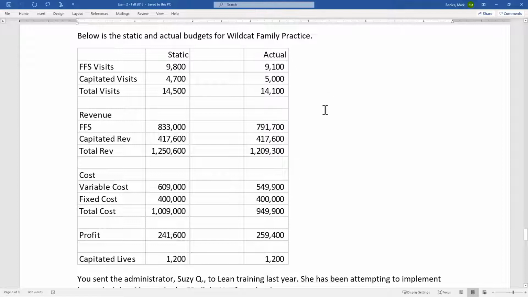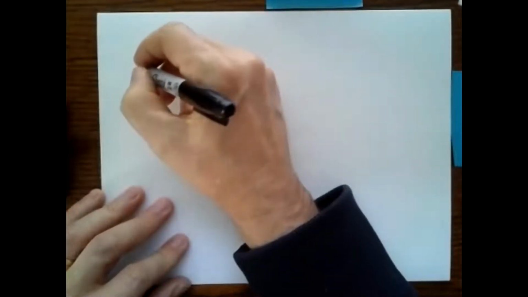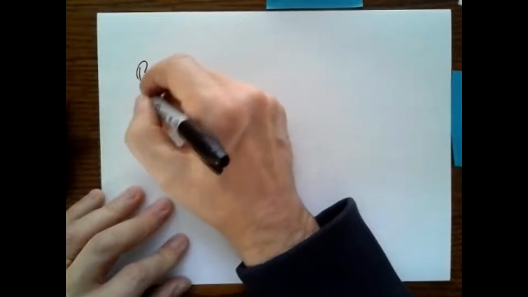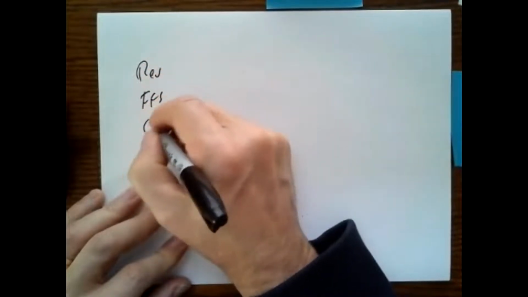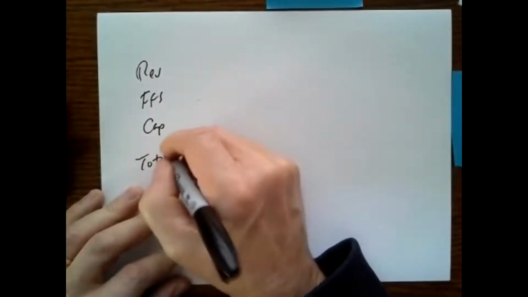Okay, so this is actually a pretty straightforward question. Revenue variance. What I'm going to do is copy out just the revenue portion here. We've got revenue: fee-for-service, capitated, and total.